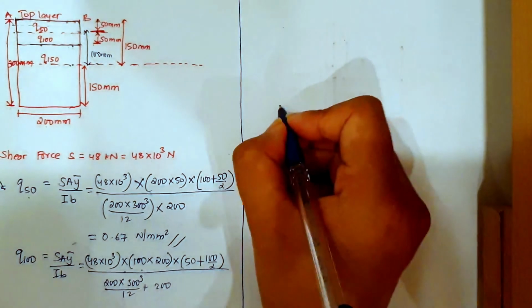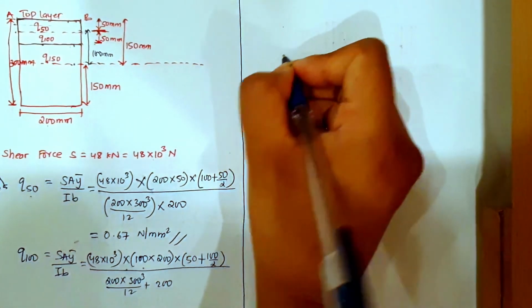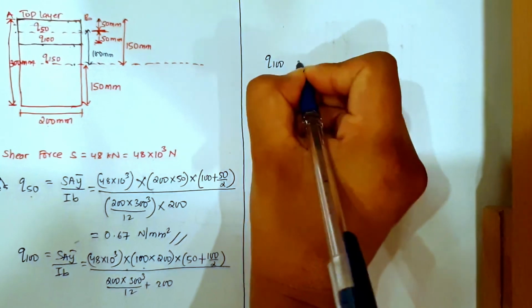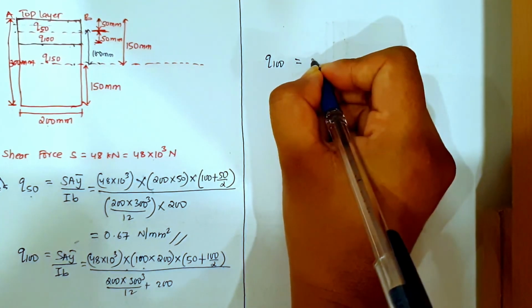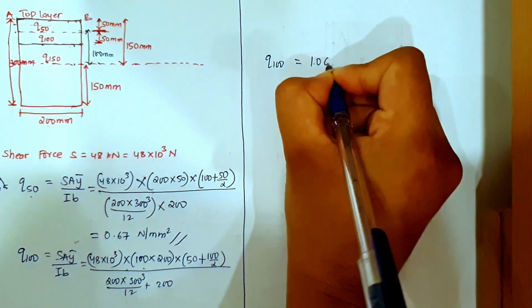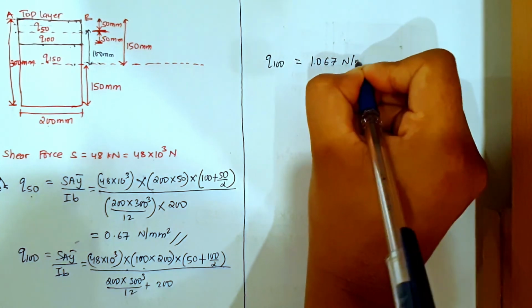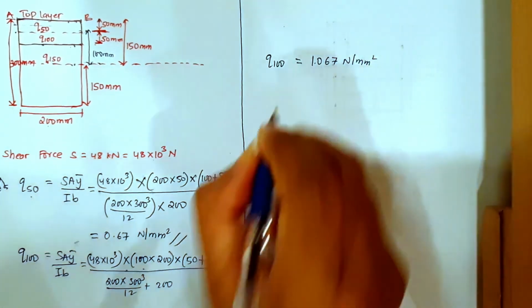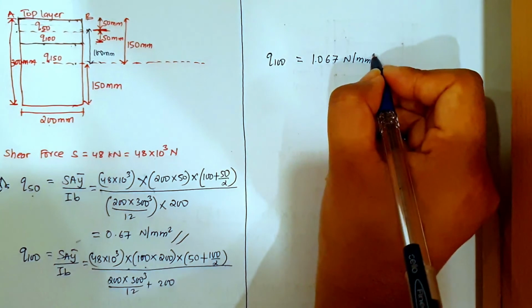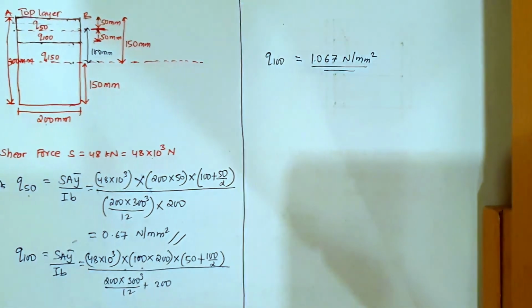So from here you will get Q100 equal to 1.067 Newton per mm square. Okay, so this will be the shear stress at 100.